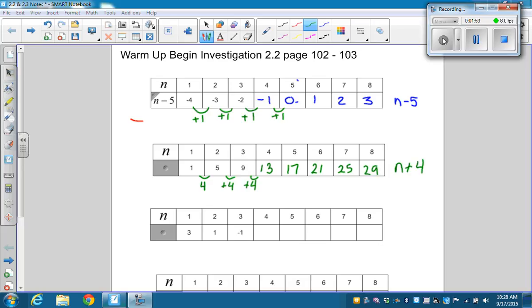No. Okay, so think about it a little bit harder. The reason it's not n+4 is because this is the n value, for example, 7. 7 plus 4 would be 11. That's why n+4 doesn't work. But the 4 has something to do with it.